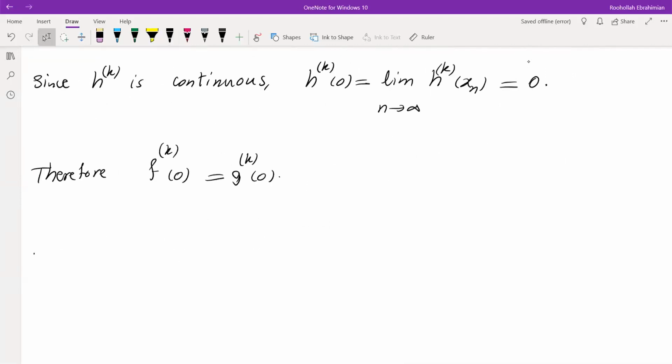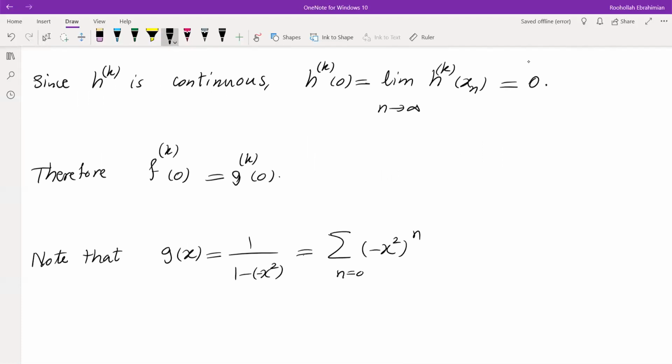Now note that g of x is equal to 1 over 1 plus x squared, which is the sum of negative x squared to the power of n, n equals 0 to infinity.